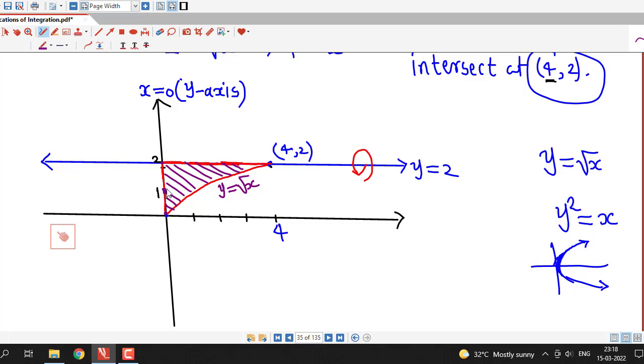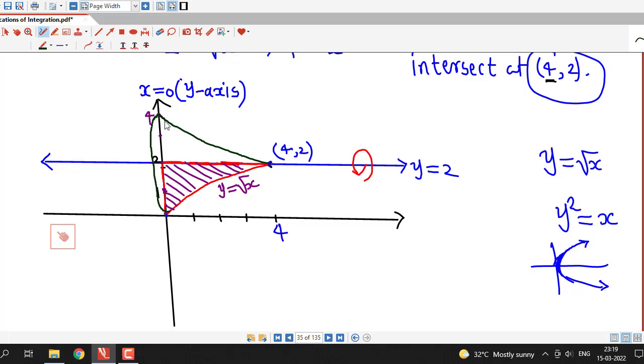This much distance is 1, so here we have 3 and 4, so it may go up to this. Now the mirror image of this y equal to square root of x will look like this. This is the mirror image of y equal to square root of x, and the solid generated will look like this.